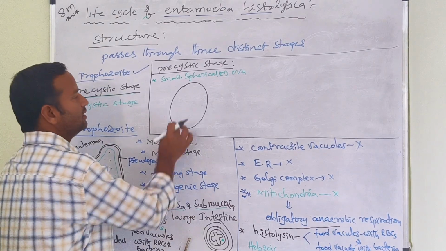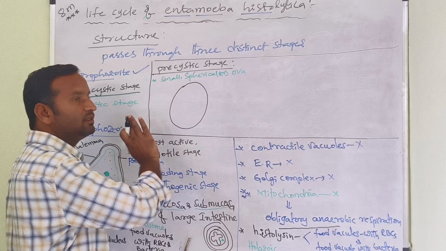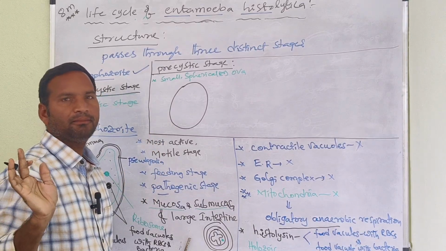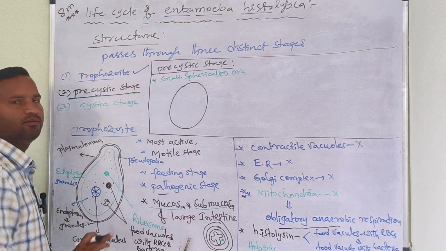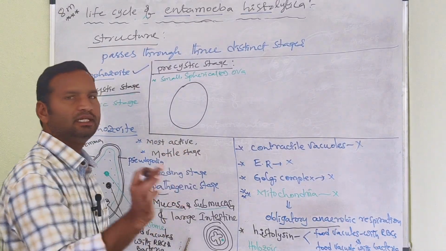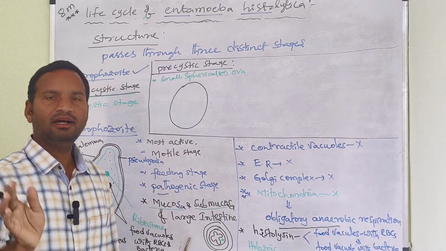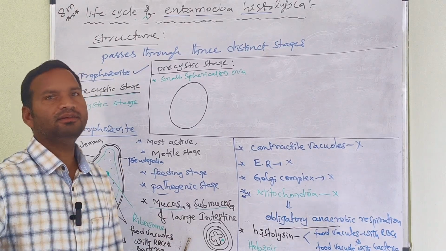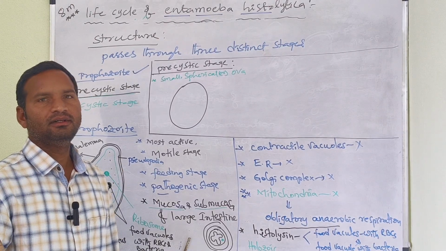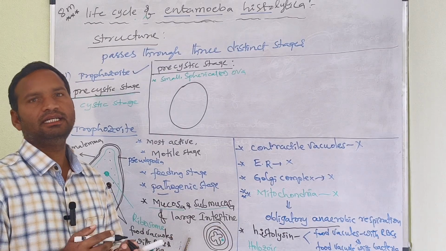Then the next point is that in this stage it cannot move anywhere. Why? Because there is no pseudopodia. That's why it is not motile, not active, and it cannot feed on any substances, so it cannot cause any disorder.